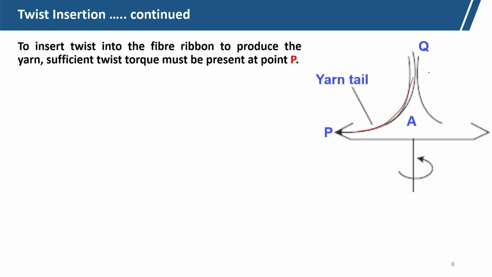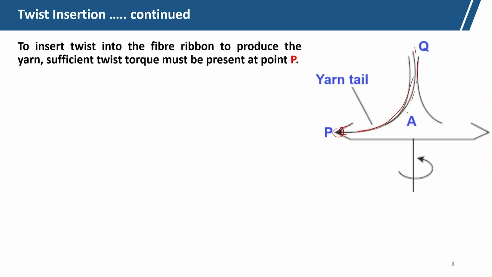Q A is the already formed yarn, and P A is the part where P is the peel off point, and between P and A the twisting is taking place.